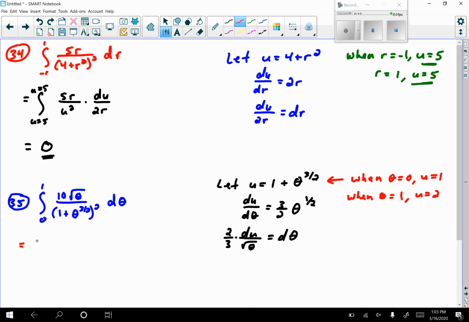So now this becomes the integral from u equals 1 to u equals 2 of 10 radical theta over u squared times 2/3 times du over radical theta. Oh, no, I shouldn't have that 3 there, I already had it up there. Okay, so now we can see that the radical thetas do cross out.